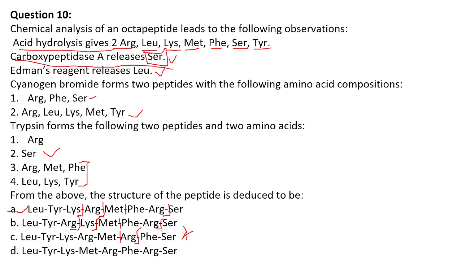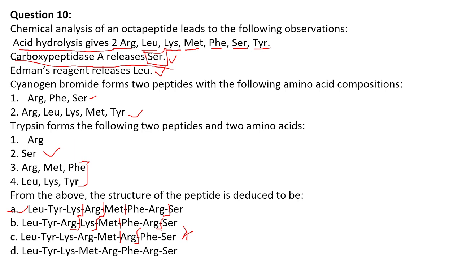Acid hydrolysis leads to complete degradation of the peptide bonds and gives individual amino acids. So what will it give? It will give two arginine, one leucine, one lysine, methionine, phenylalanine, serine, and tyrosine.